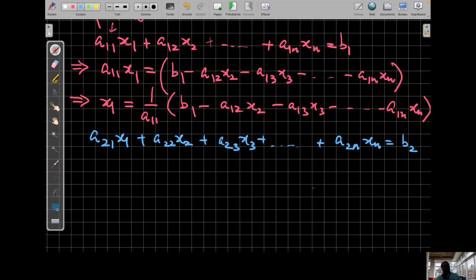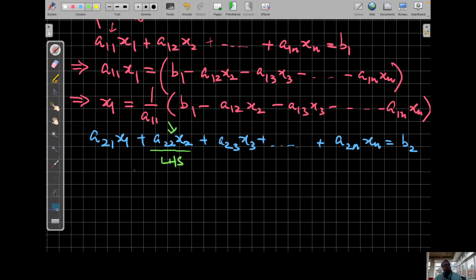And I'm going to rewrite this equation. As I told you earlier, I am going to consider this A22 as the pivot element. Therefore, I am going to retain this term on the left hand side and move all the other elements to the right hand side.